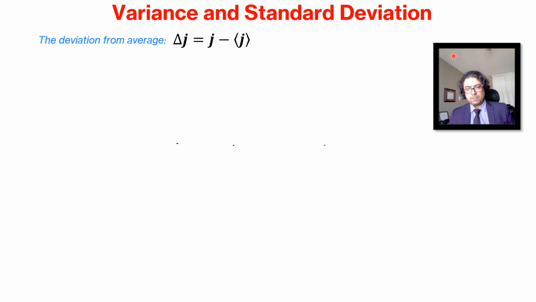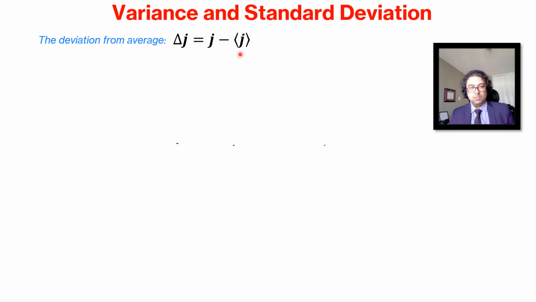So maybe our first attempt to understand the spread of a probability distribution is by calculating the deviation from average. The deviation from average, I will show it by delta j, and that just tells us how much an individual's age differs from the expectation value.